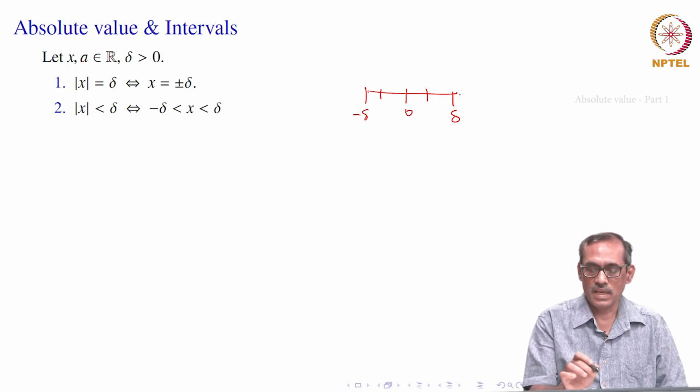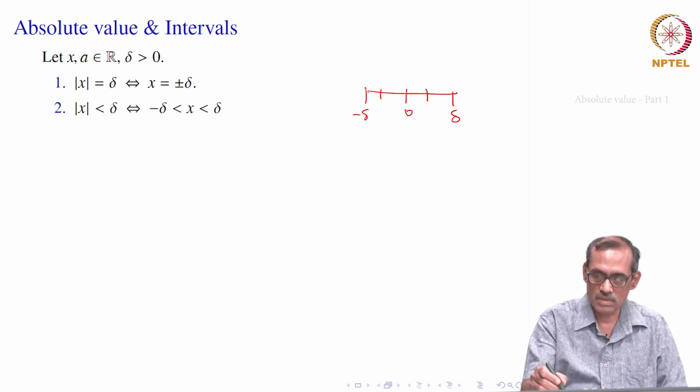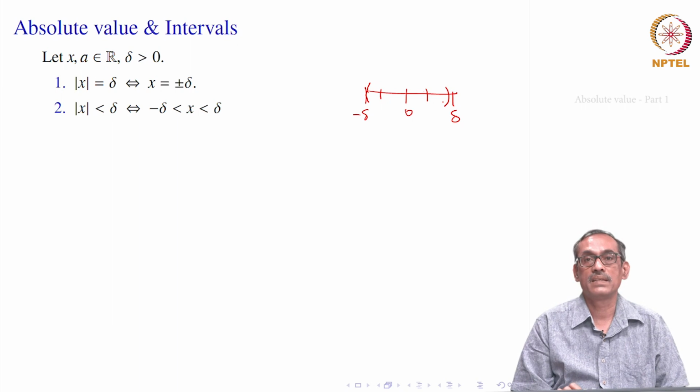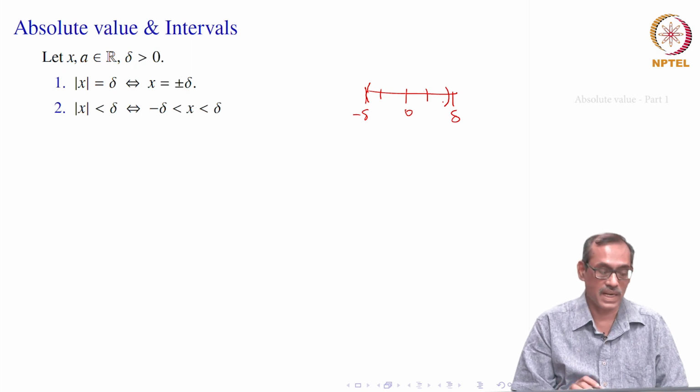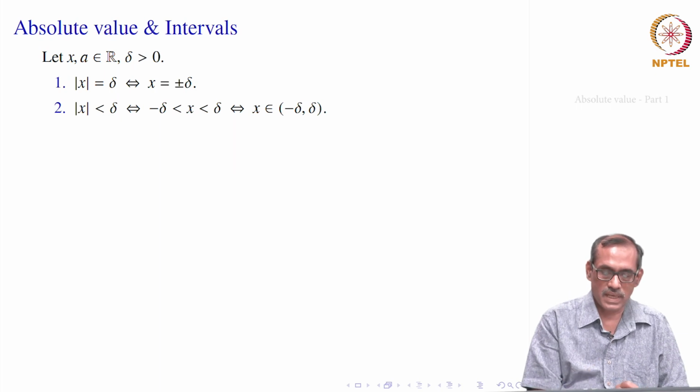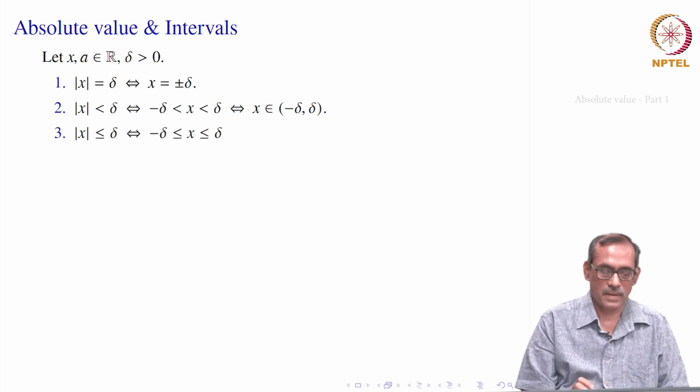That means x belongs to the delta neighborhood of 0. This is really the delta neighborhood of 0. So, mod x less than delta is equivalent to saying, in another way, that x is an element of the delta neighborhood of 0. That is what we express by saying x belongs to the interval minus delta to delta.